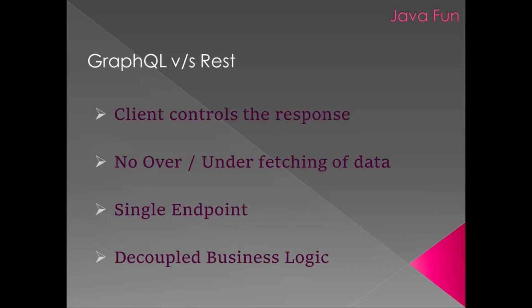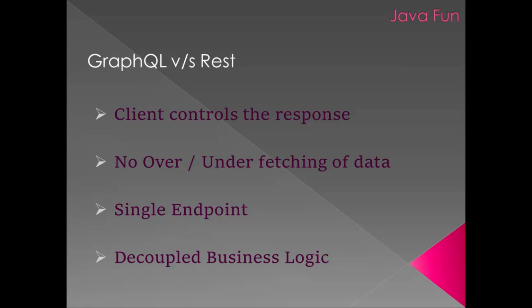What are the advantages of GraphQL over REST? As I said, the client controls the response of your REST endpoint. The client tells the server out of that response how many attributes it wants. Suppose you are returning a certain object as part of your response, and that object has 10 properties. Suppose you have multiple screens and that API is getting called at multiple places.